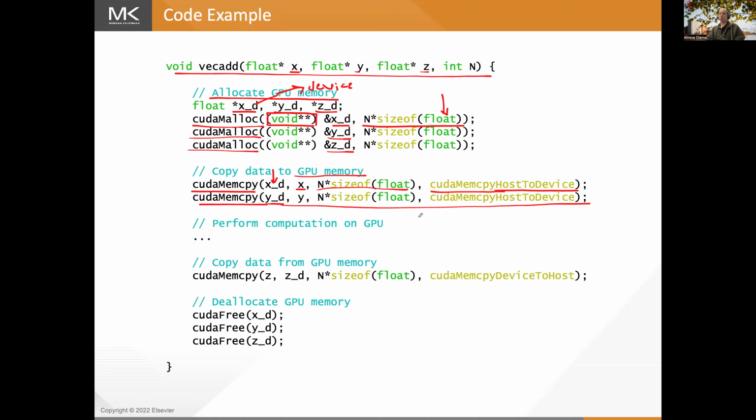All right, so now I have a question for you. Should I also copy the data of Z to the device, or it's not needed? Any ideas? It's not needed. Okay, why is it not needed? I think when you use the cudaMalloc, it was automatically transferred to the GPU.